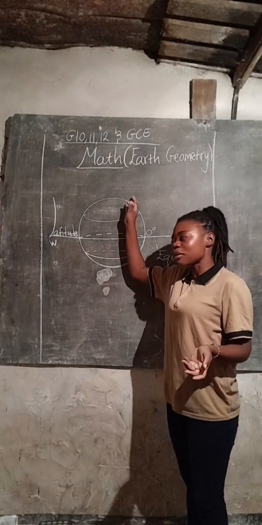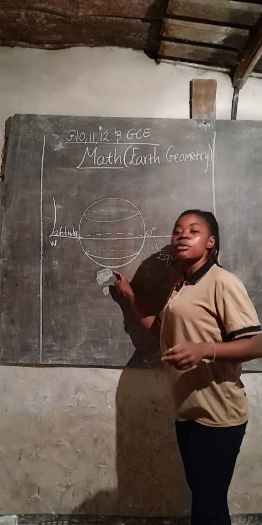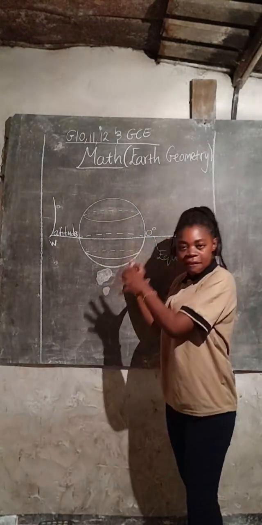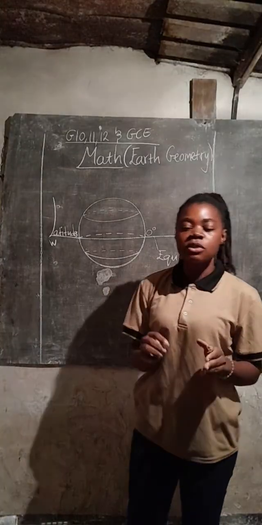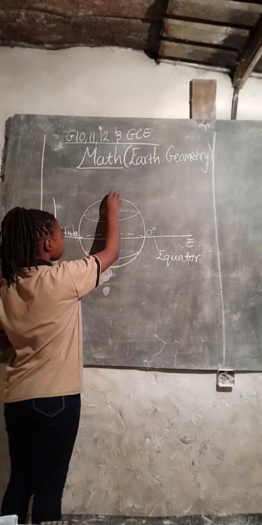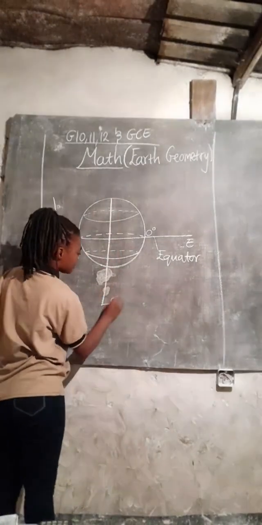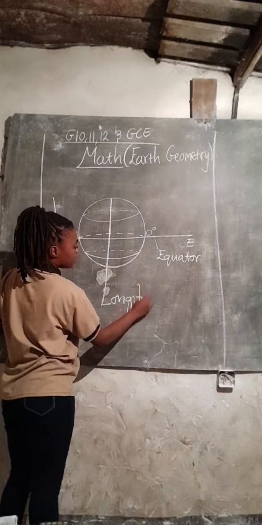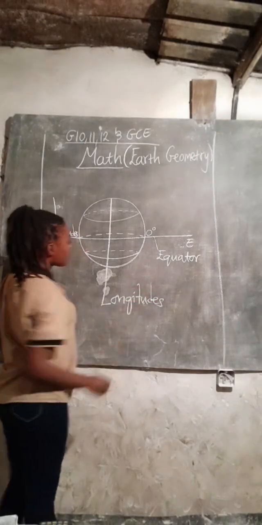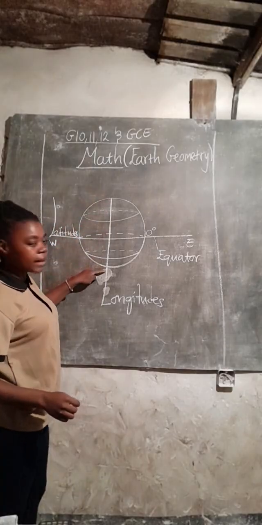So meaning those lines that are going from the top to the bottom on this surface, we're calling them the lines of longitude. So what do I mean? We have this line, and we're saying these are longitudes. Why? Because the lines are running from this part going down.